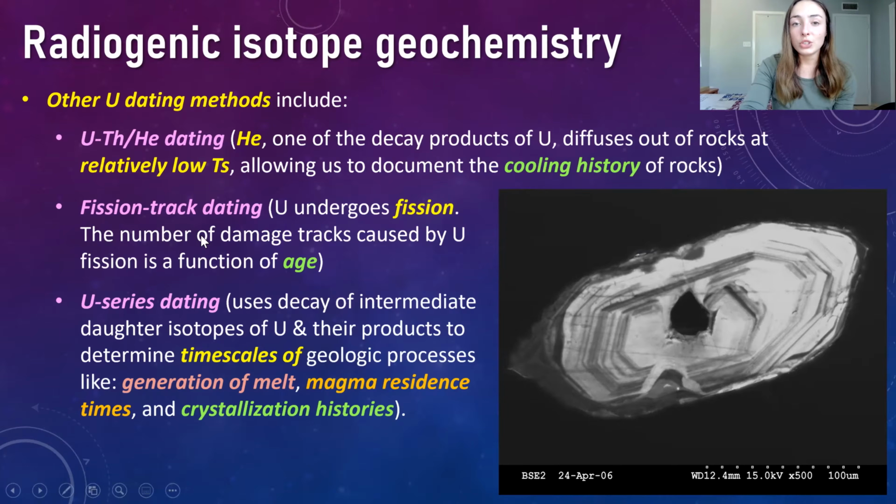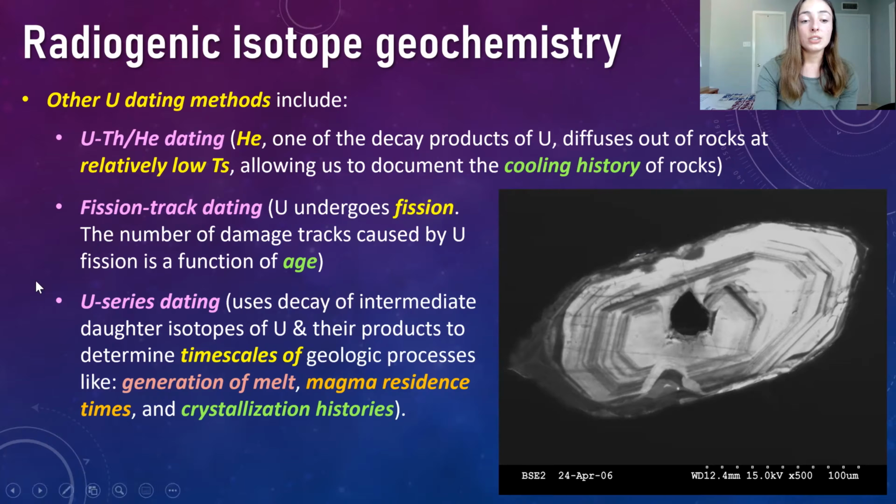Another method is called fission track dating because uranium undergoes fission. Because of this, the number of damaged tracks caused by uranium fission can be measured, and because it's a function of age, we can then determine a rough date or age for that rock.